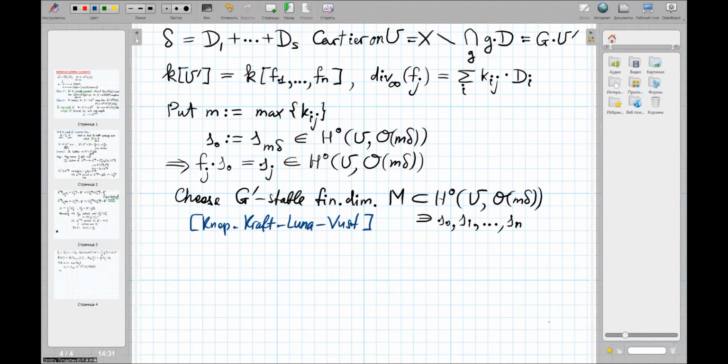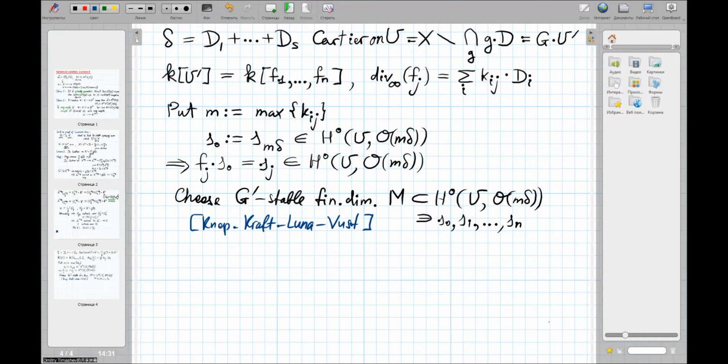For the proof, the claim is that for any section in the space of global sections of a line bundle over a normal variety with the action of the group lifted to the line bundle, you can choose a finite dimensional G-stable or G-prime stable subspace containing this section.